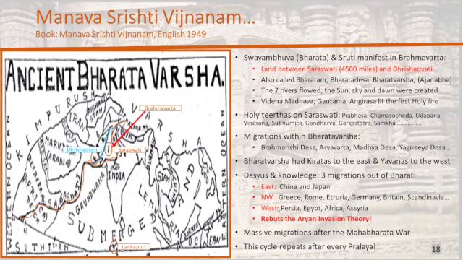So these are the three migrations that went out of India, and it was not one migration. These were continuous migrations over different points in time. And of course, he also maintains that there was a massive migration after the Mahabharata War. So this is to give you a nice overview of Jambudvipa.